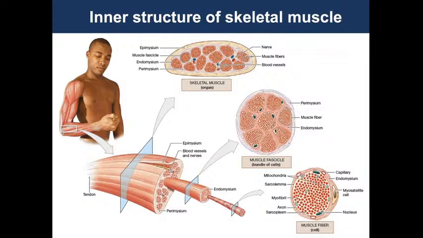So what is the fascia? Fascia is a connective tissue surrounding whole muscles. Usually it carries the blood vessels and nerves. And if we see separated muscle fascicles like here, we can see a connective tissue called perimysium around every fascicle.